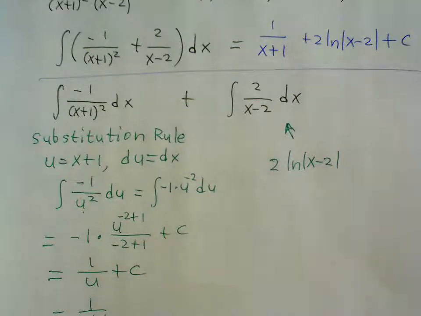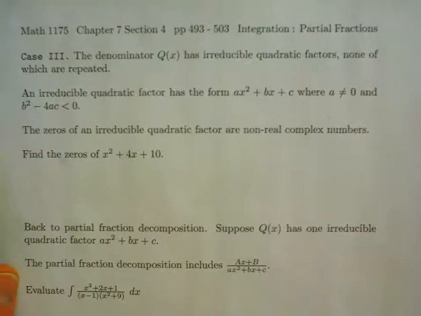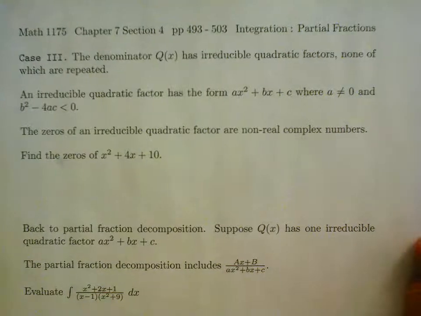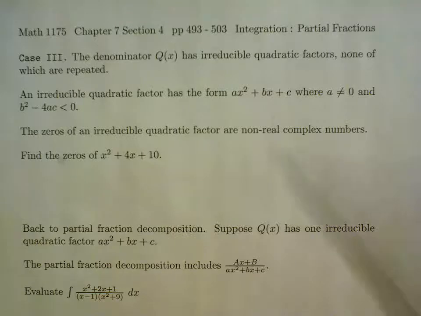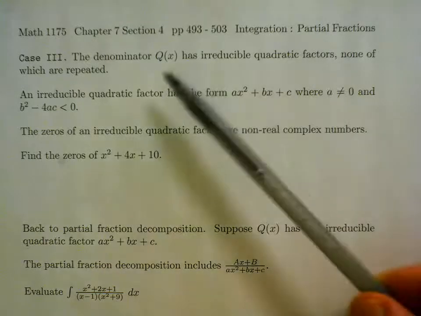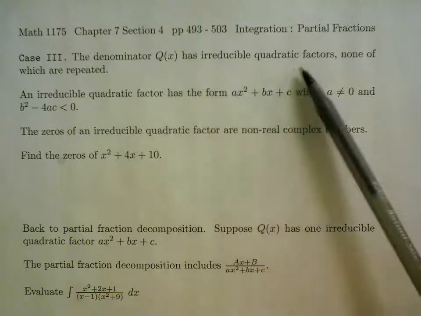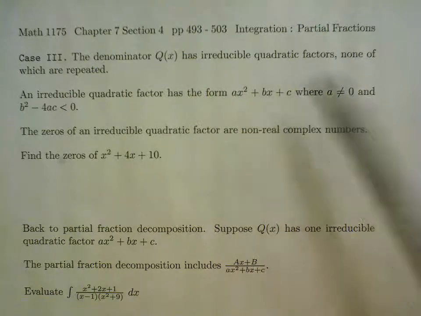Okay, let's get started on case 3. We won't get too far, but we'll at least get introduced to it. For case 3, the denominator q of x has irreducible quadratic factors, none of which are repeated.